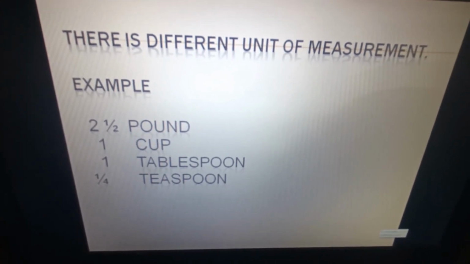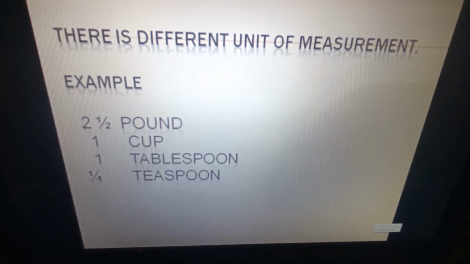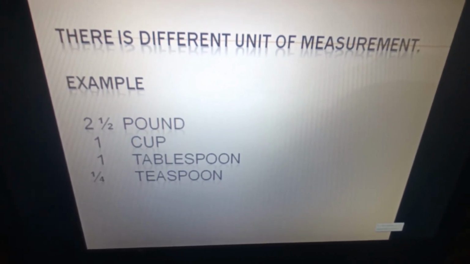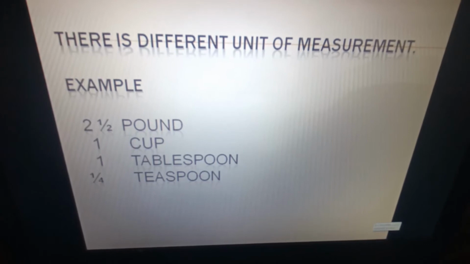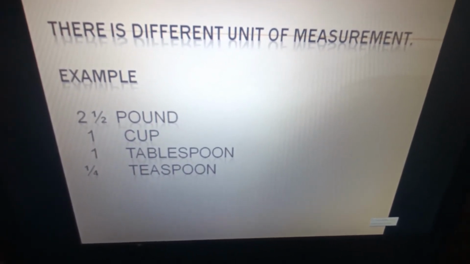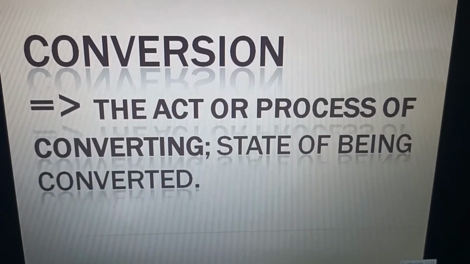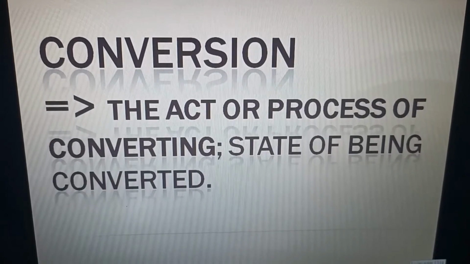In reality, if we don't know the different units of measurements, and if we do not have the exact measurements of those ingredients, we will not acquire the desired product that we want. Conversion is the act or process of converting, a state of being converted, so meaning there is change.